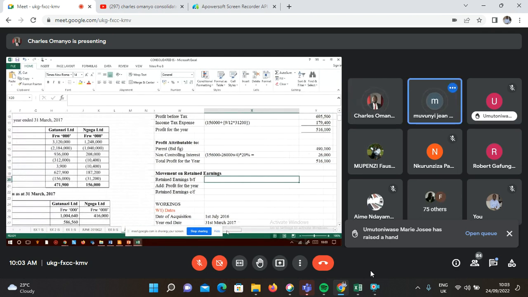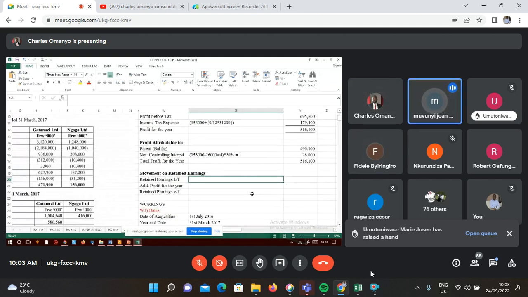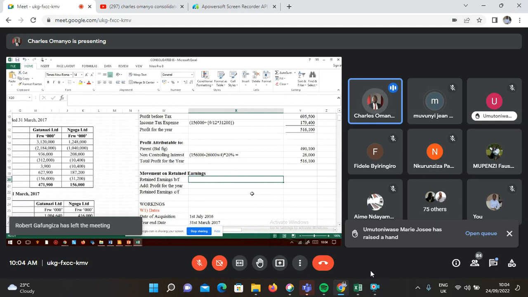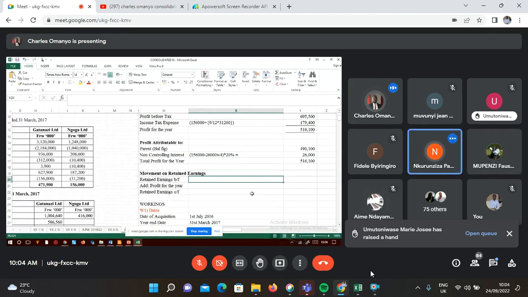Excuse me, sir. For non-controlling interest, aren't you going to multiply by 9 over 12 for nine months of post-acquisition? Let me ask another question to answer that. When did the transaction take place? Post or pre? This is intercompany sales. After acquisition or before? Post acquisition. So all this profit is for the post period.